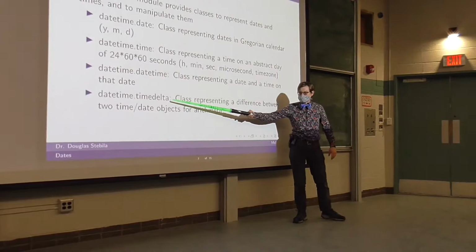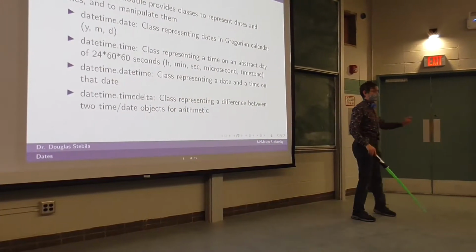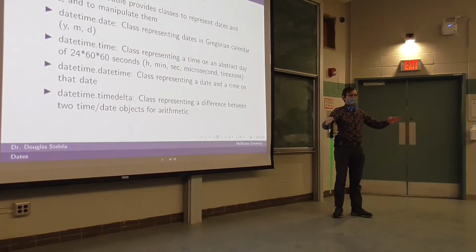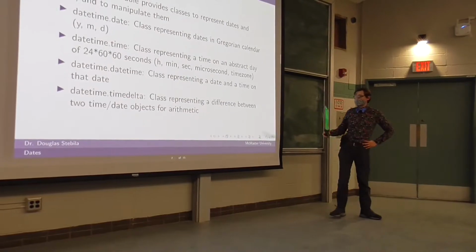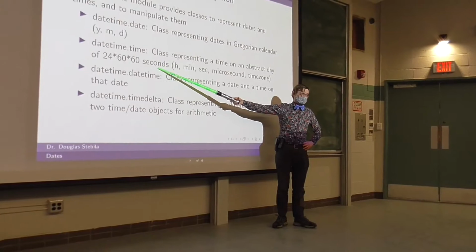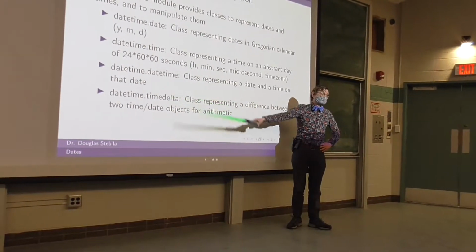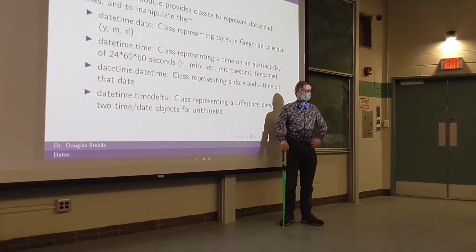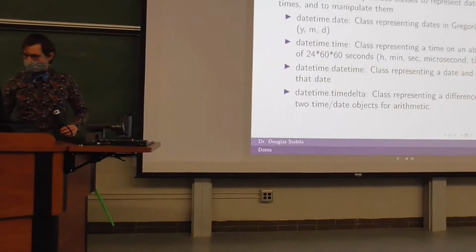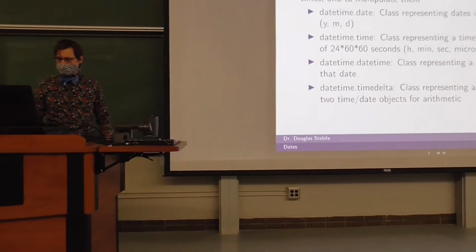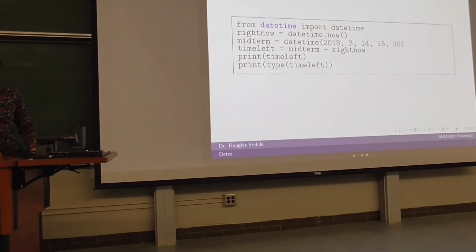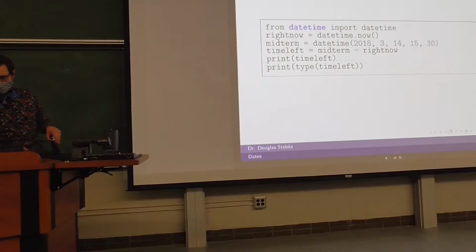So we have a separate class specifically for representing differences or distances between points in time. Does that make sense? So if you perform a subtraction operation on time objects, you will get a timedelta object as your return value. Right? Make sense? Should do. It's time. Everybody should be reasonably familiar with time, considering we're all fundamentally bound by it.